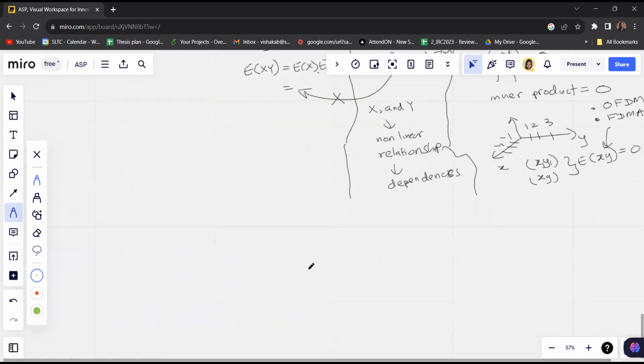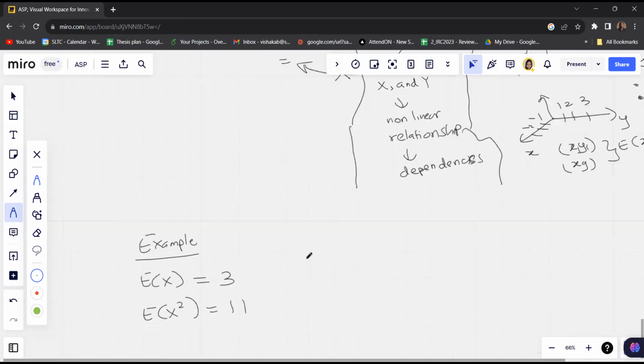So one example is that the expectation of a random variable x, let's assume it is 3, and expectation of the random variable x squared, let's assume it is 11.